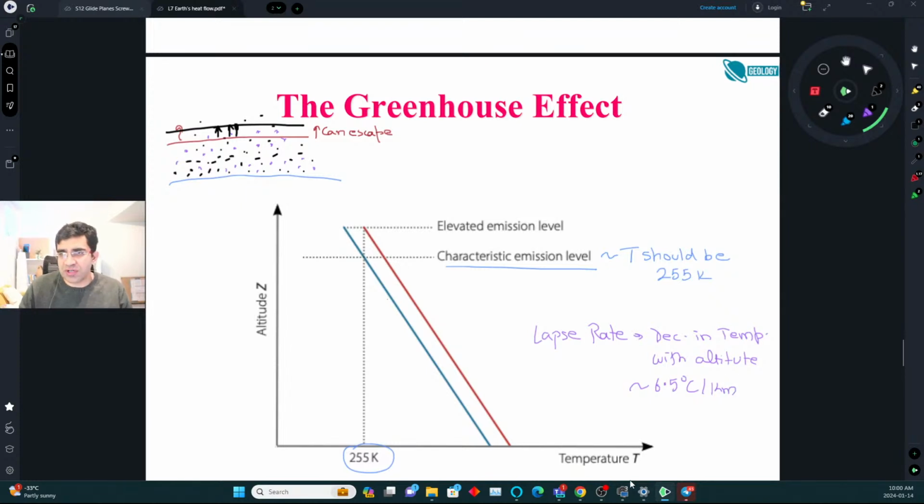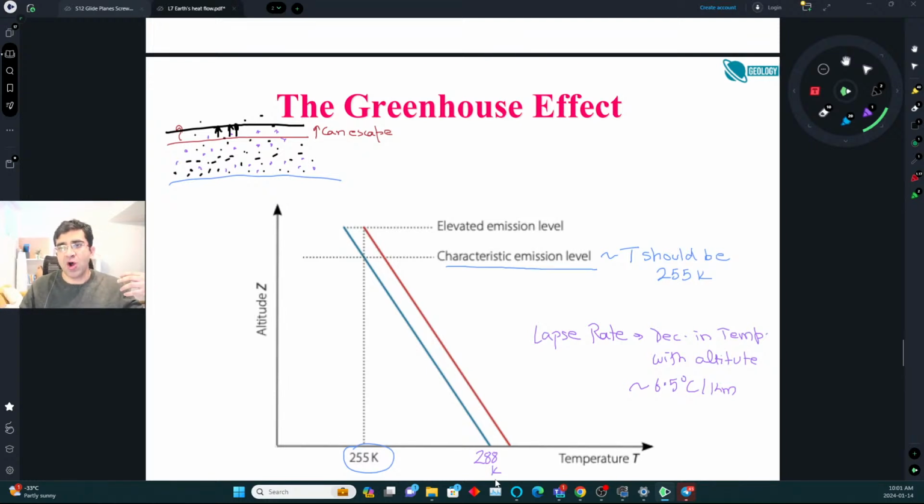So this is what is drawn over here. Let's say on average the surface was 288 Kelvin roughly. We said Earth should be emitting at 255 Kelvin. That is where the radiative balance is present.